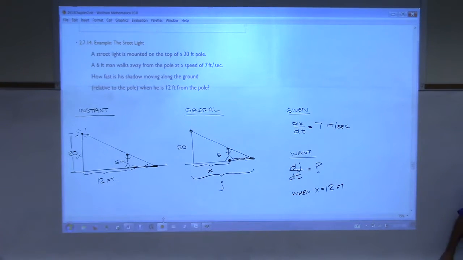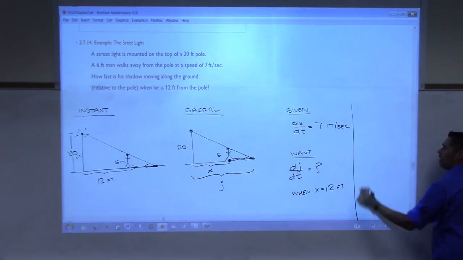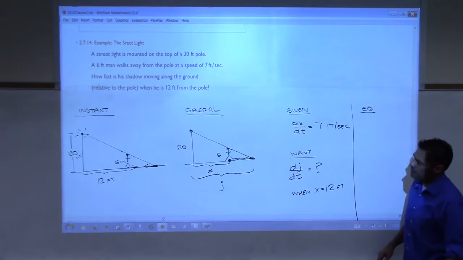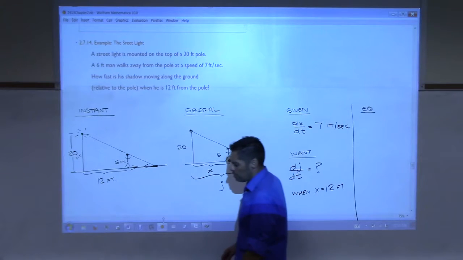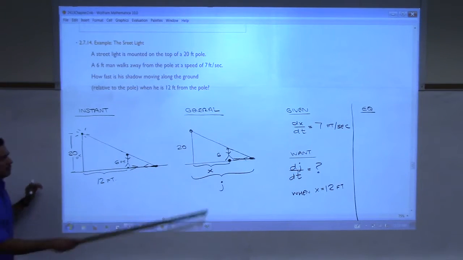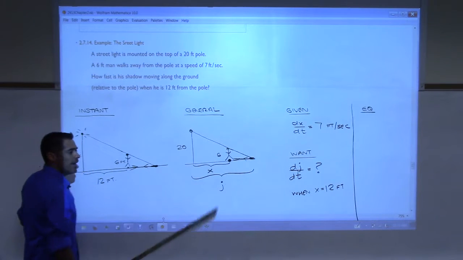And I believe that's all I need. Are there any questions on this setup? What am I going to come up with next? The equation, right? I need an equation now. And my equation is going to connect what two things together here? x and j, right? x and j.